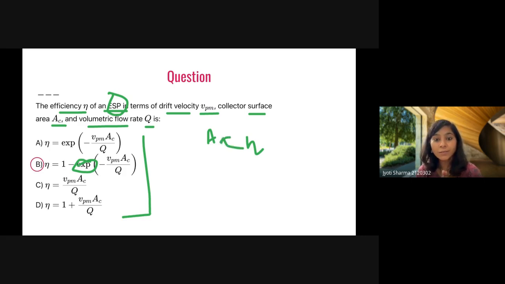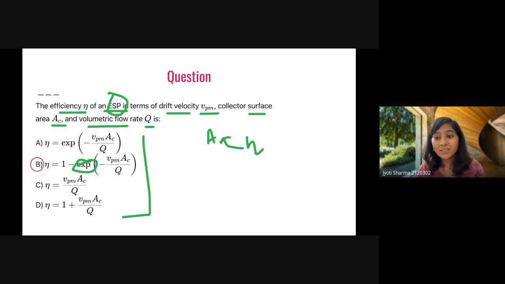So if we want to increase the efficiency, let's say from 90 to 95, then we have to increase the area exponentially. It means we need a very large space to install the electrostatic precipitator at any place. And this is very important for us. To increase any efficiency, we need to increase a lot of area.